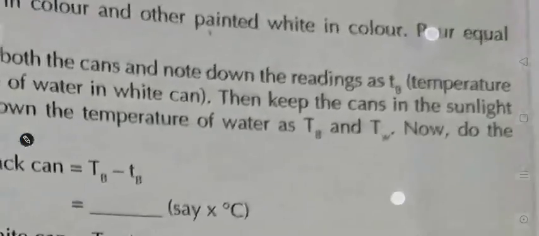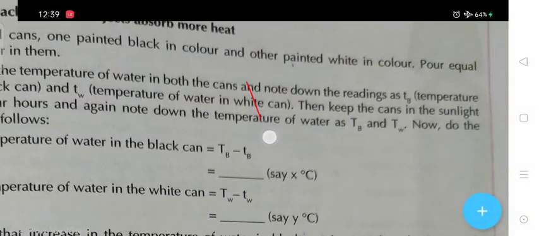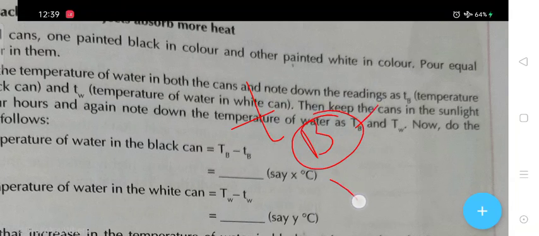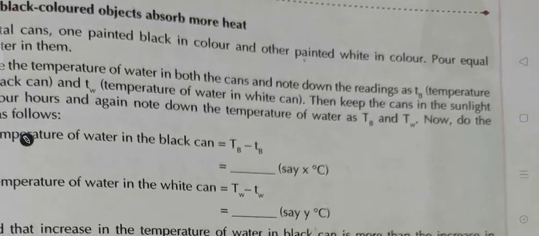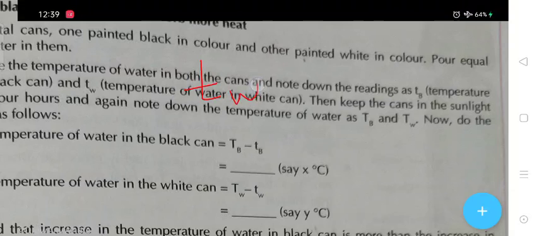Students, this B represents black, and if you write W below that T, that represents white.